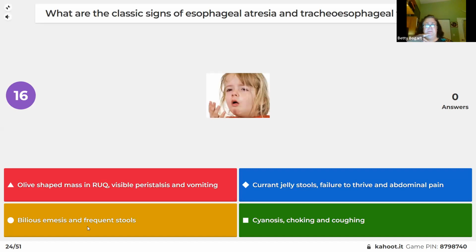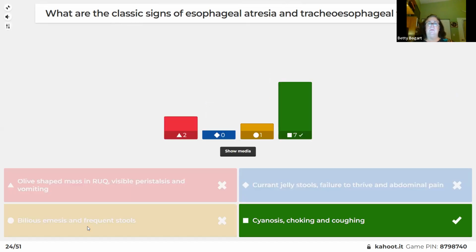What would you see? So remember, there's no entry down into the stomach. There's all this mucus that we have normally. This infant's going to be choking and coughing and probably having cyanotic episodes because of all this mucus. It's hard to breathe and there's nowhere to swallow.